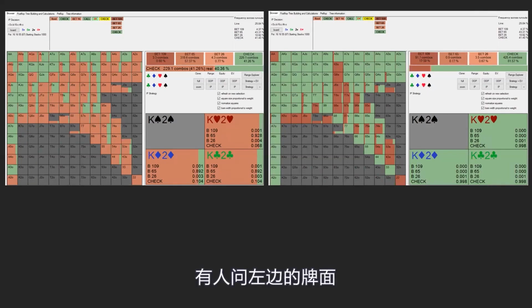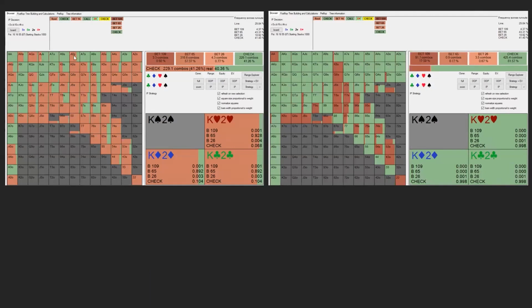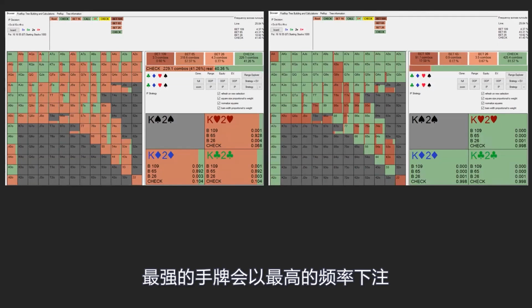Okay, so Zanker is saying, are we never checking any trips on the left? So yeah, this is a common concept where, in spots that we are actually betting aggressively, the strong hands actually get bet at a high frequency.